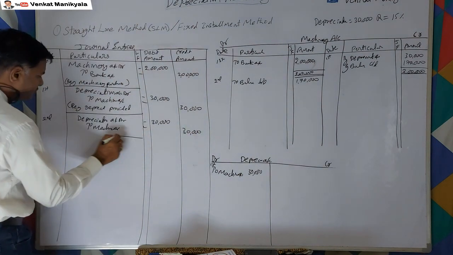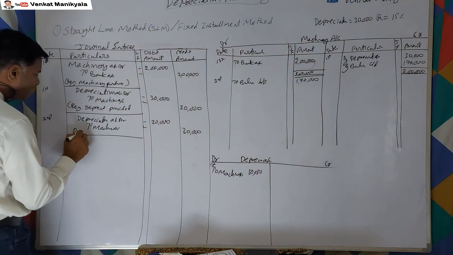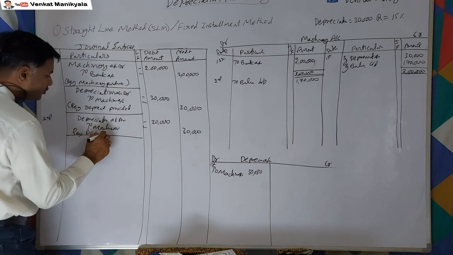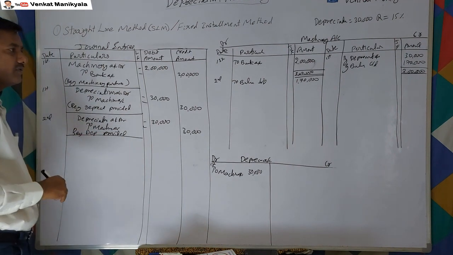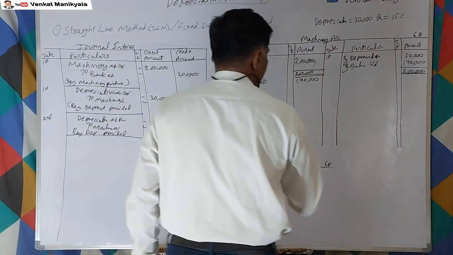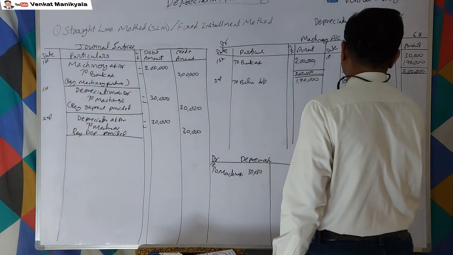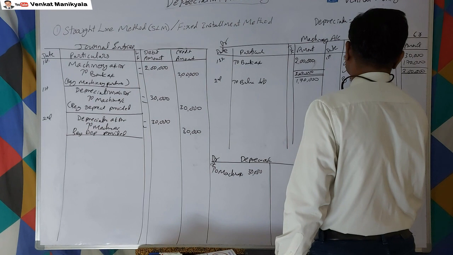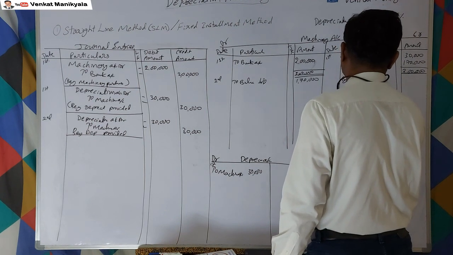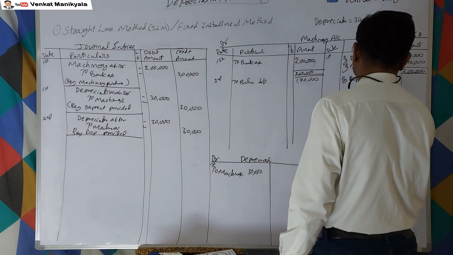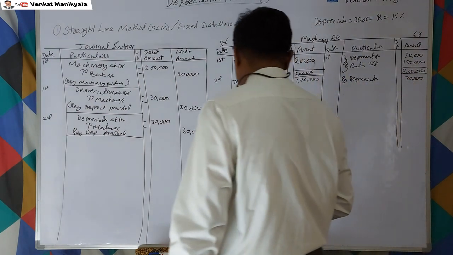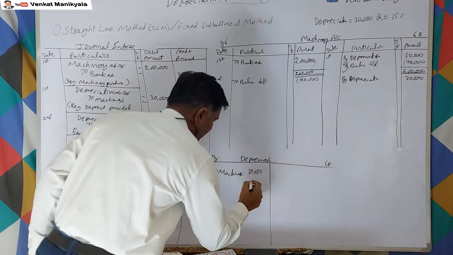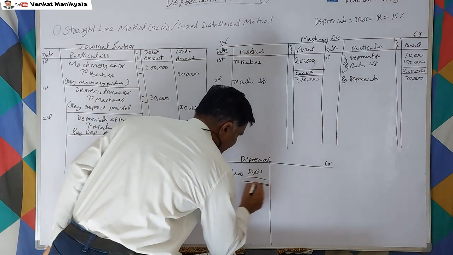So everything remains the same. Being depreciation provided, right? So here by depreciation 30,000, right?